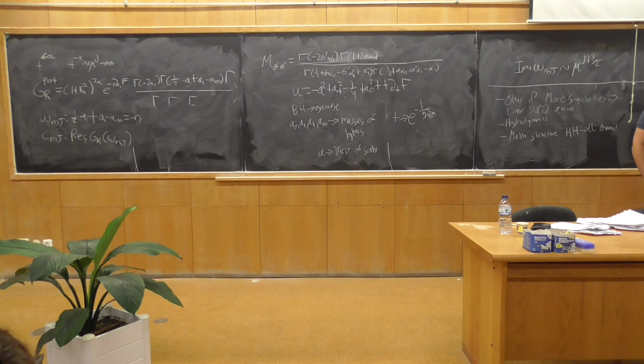So you're suggesting that you can also study higher curvature corrections? I don't know if you can do it exactly, but yeah, you can consider a higher curvature black hole and then try to solve the wave equation. Probably can't do it exactly. A Gauss-Bonnet black hole is not going to be exactly solved.